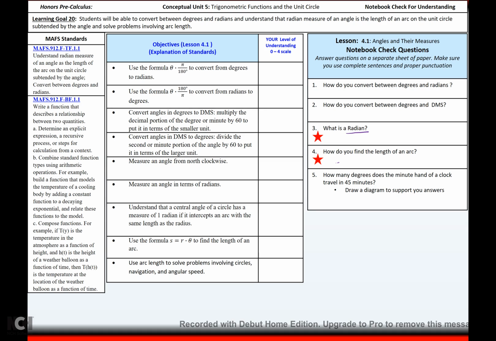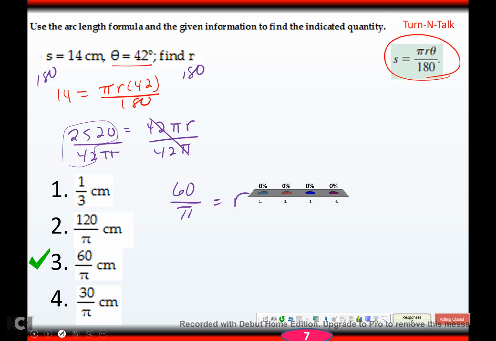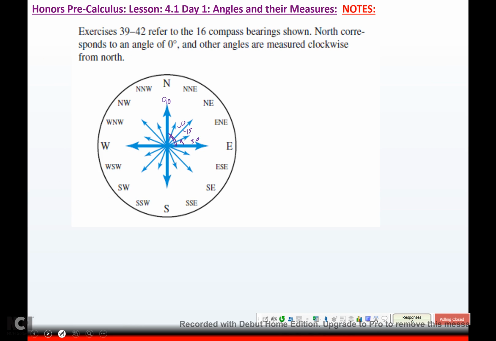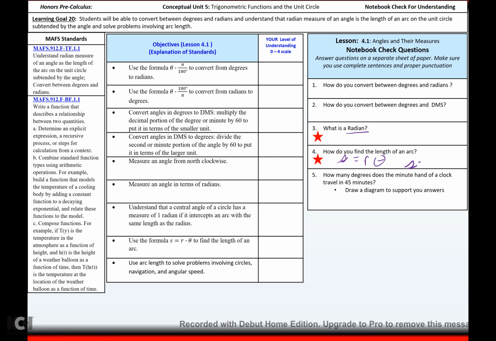You can either find arc length equals radius times theta if you're given radians, and if you're given degrees, it's pi r theta over 180.